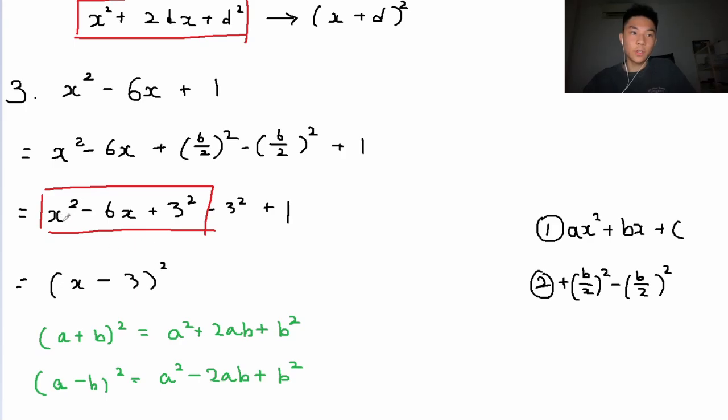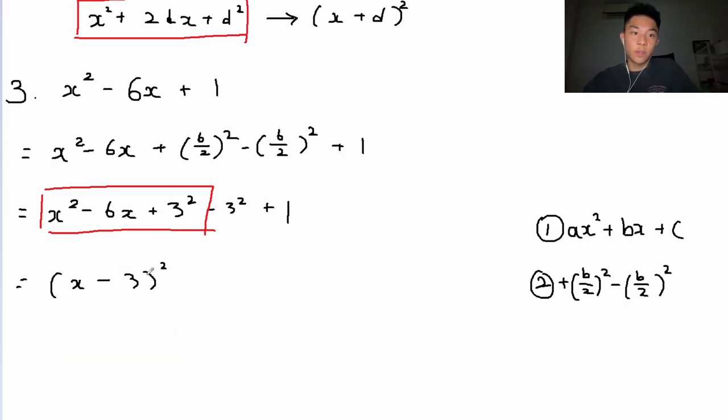So for x² − 6x + 3², we have a negative in front of our 2ab. So when we write it, we want to use a negative sign inside our bracket. So now we have (x − 3)². Let's continue to simplify our equation. Minus 3², that's − 9 + 1, − 8.